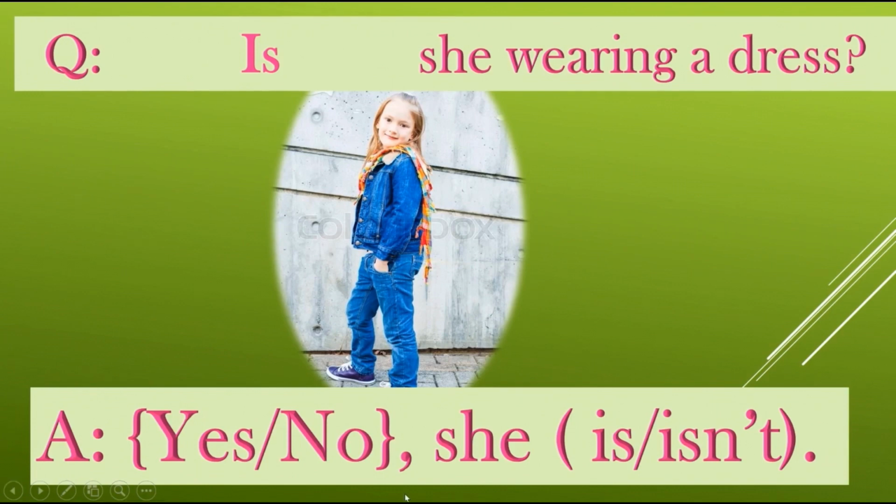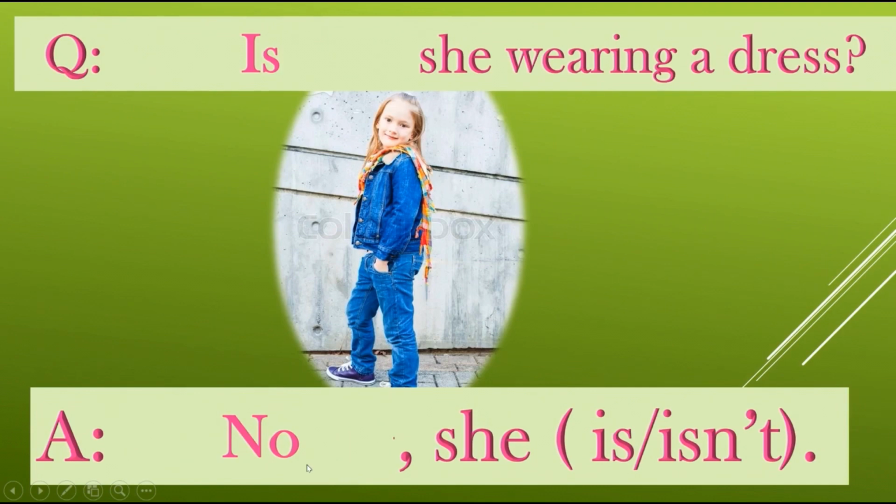Now you go to the answer. What is the answer? You look at the picture. Is she wearing a dress? Yes or no? It's a no. Therefore, you have to say no. She... What is the correct verb to be? Is it "is" or "isn't"? Is it positive or negative? It is negative.